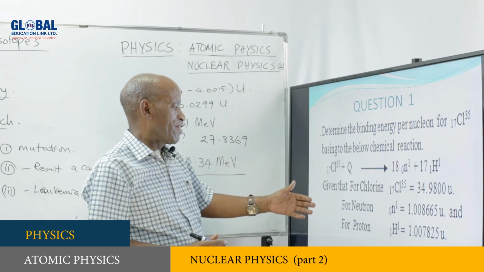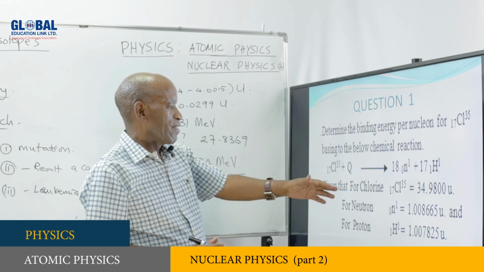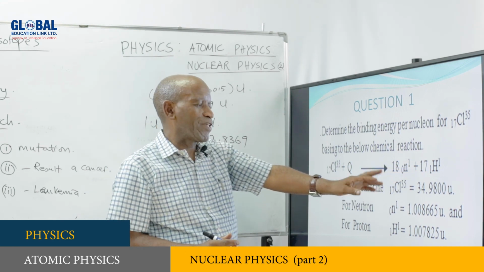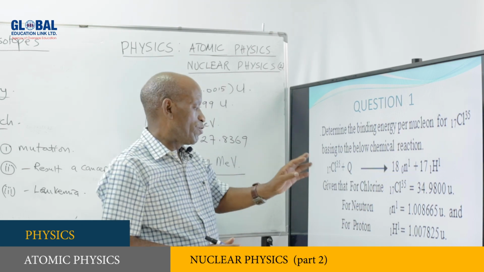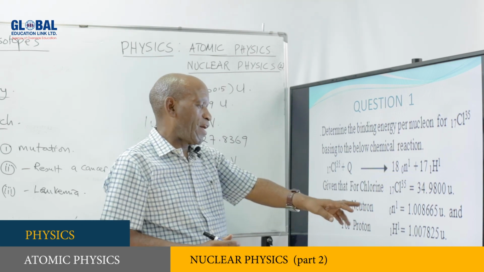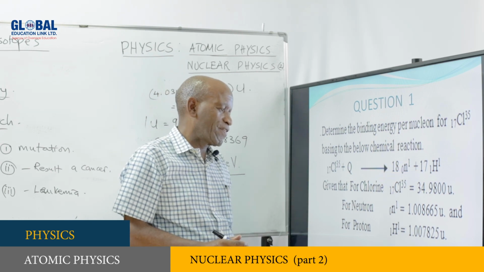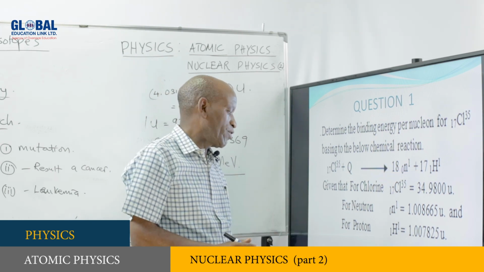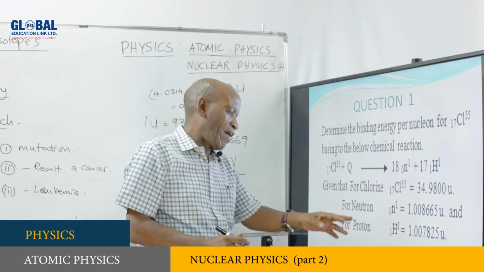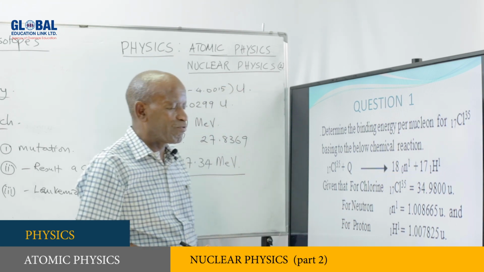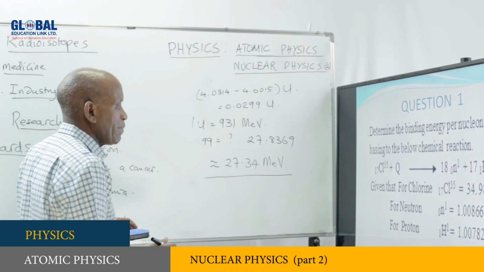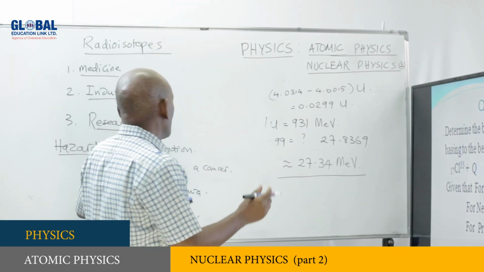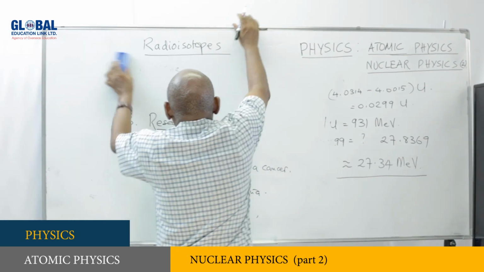Given that chlorine-35 has 34.98 atomic mass units U, a neutron has 1.008665 atomic mass units, and a proton has 1.007825 atomic mass units U. So we need to determine the binding energy per nucleon for such a chlorine.